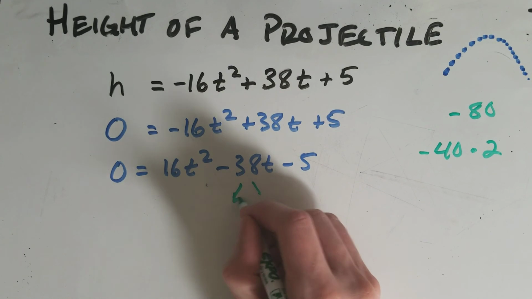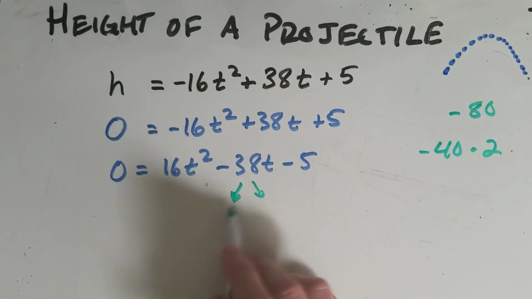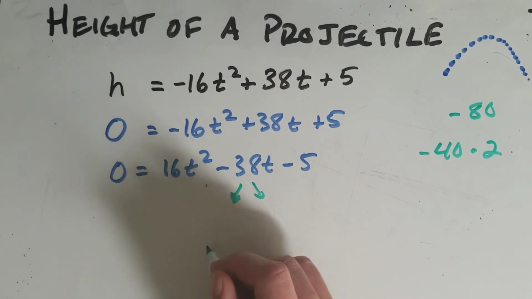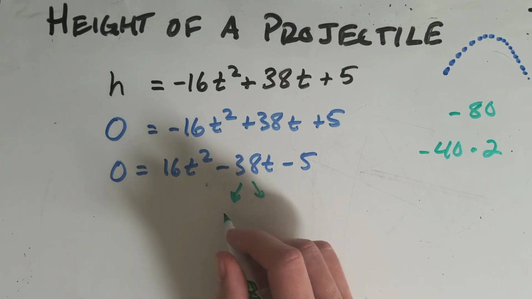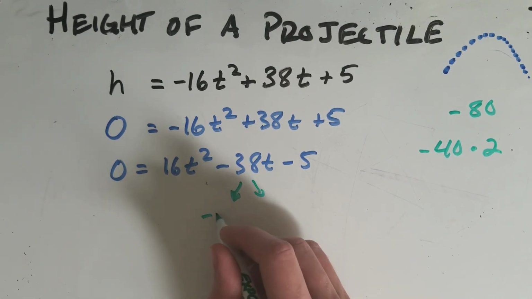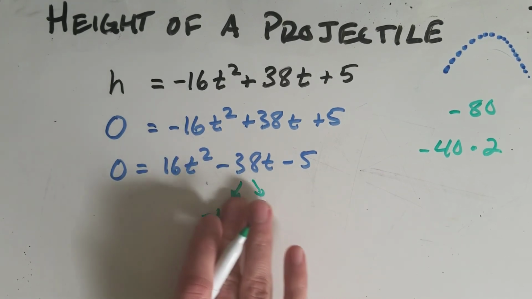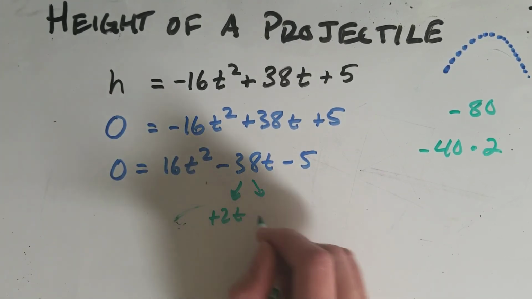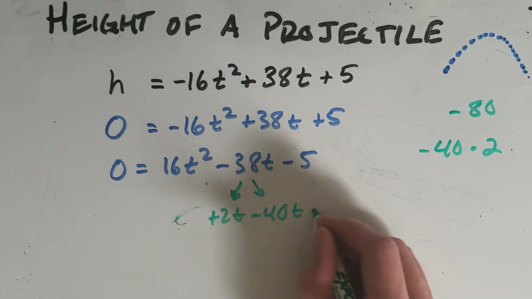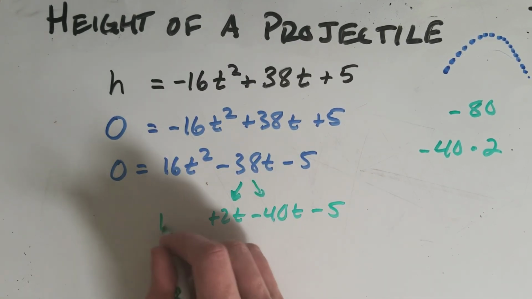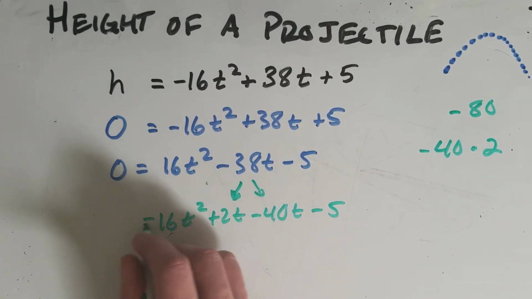That's going to break this middle term up. So you're going to have +2t in the front, and -40t on the back, and we'll have 16t squared still.